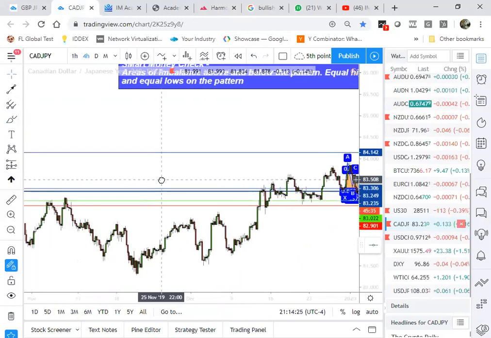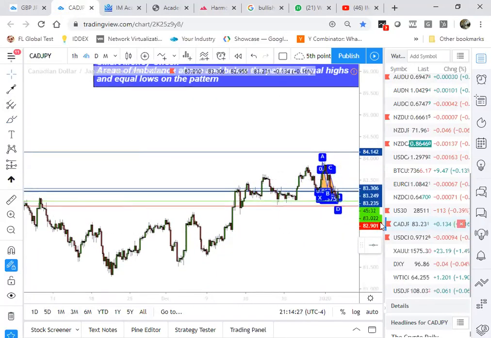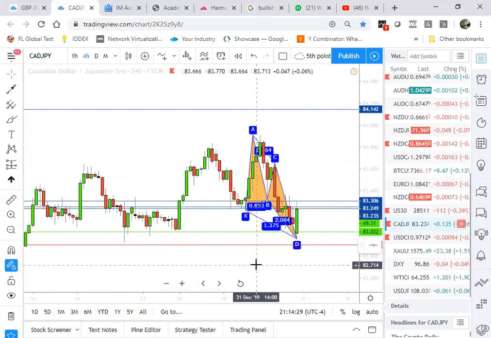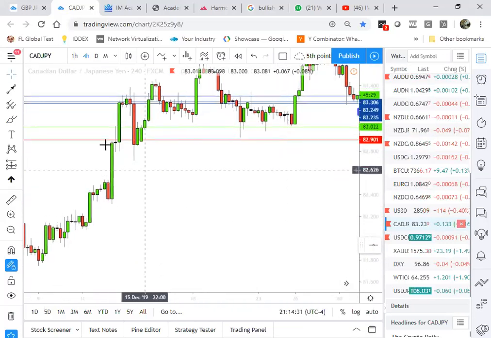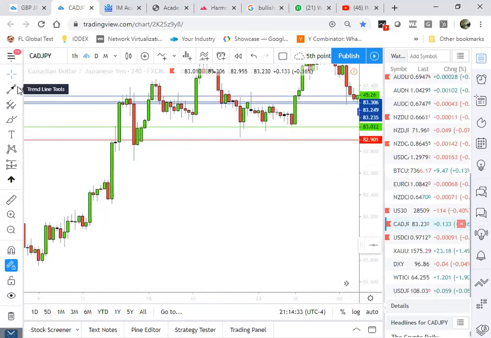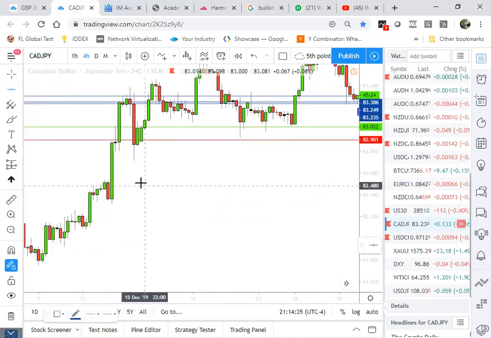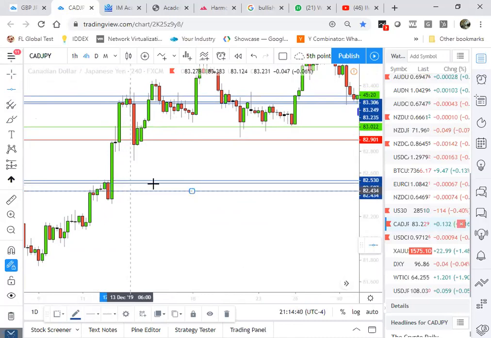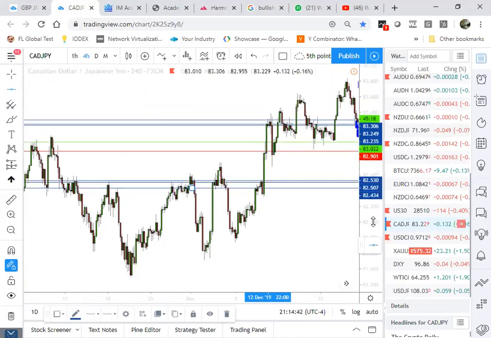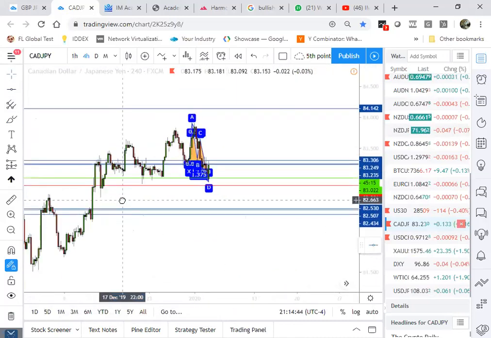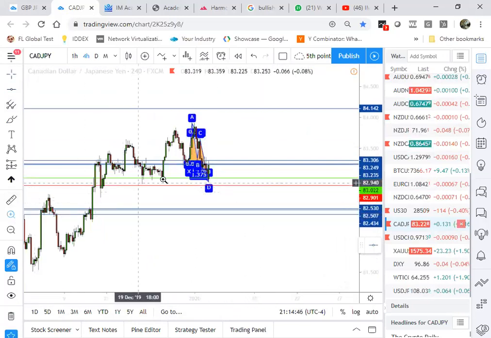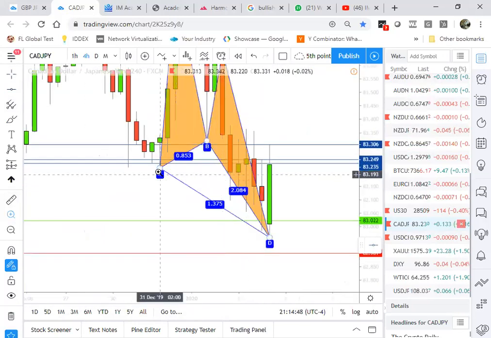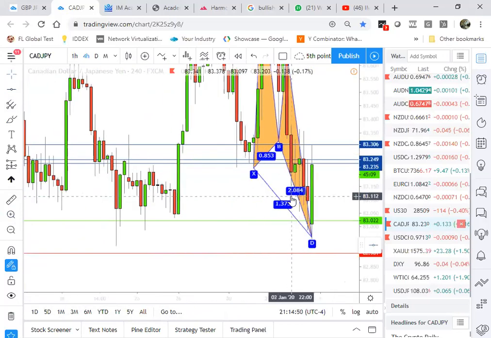right? What we want to do is identify mitigation imbalance above and below the scan, right? So below the first area of imbalance that is of interest to me is this area here, this sell candle, half of the body. So I mark out that area, right? I look at the scan, I look at the lows, I see that the lows are not equal, right?